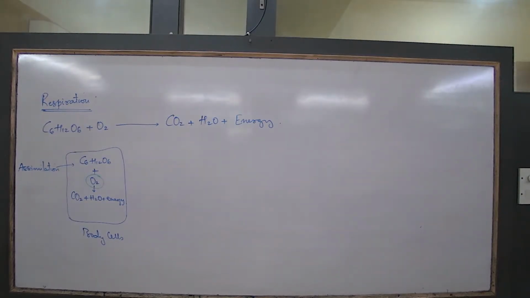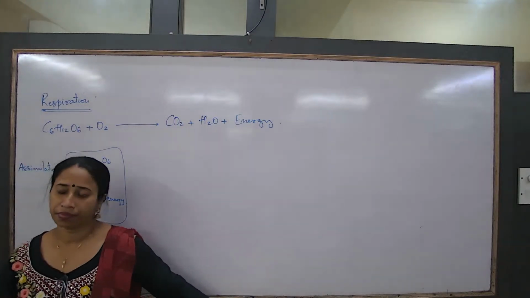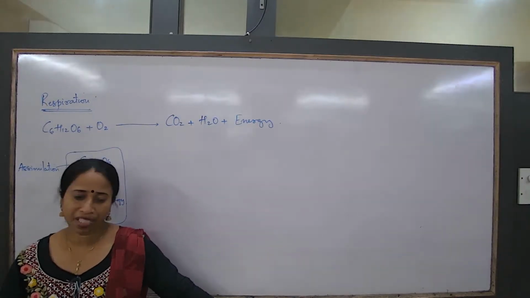Definition for respiration, write down. The biochemical process in which organic food, that is glucose, is broken down in the presence of oxygen.